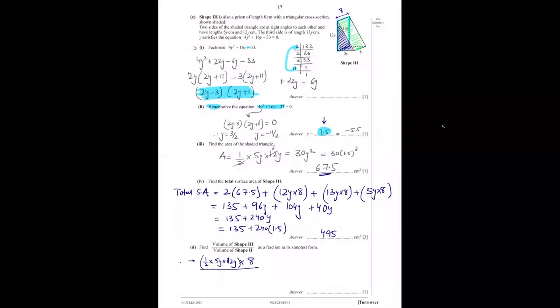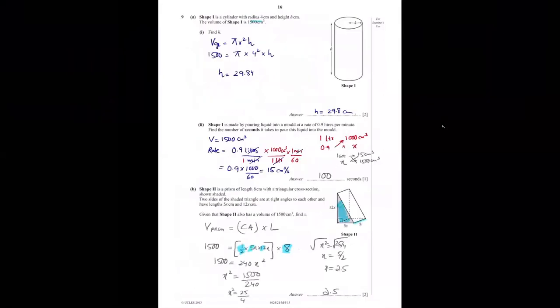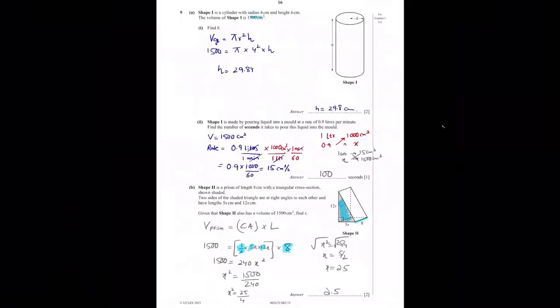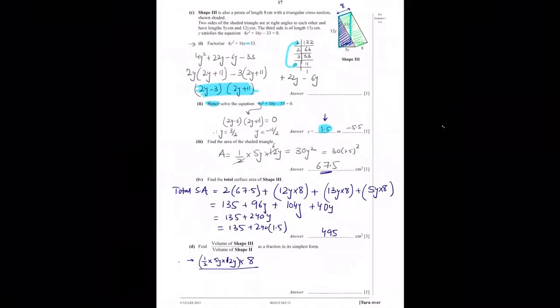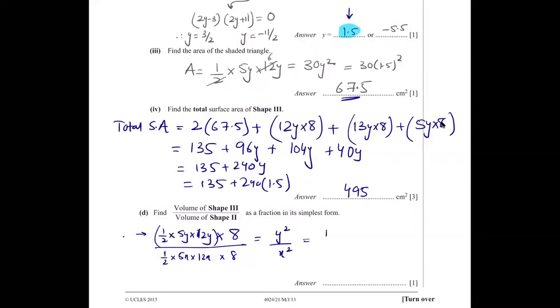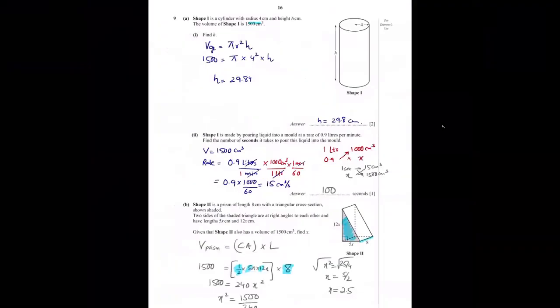The volume of shape 2. The shape 2 had a volume of half times 5x times 12x times 8. So if you simplify this, what you are going to observe is it simplifies to y square upon x square. Okay, so y was 1.5, and what is x square coming out to be?